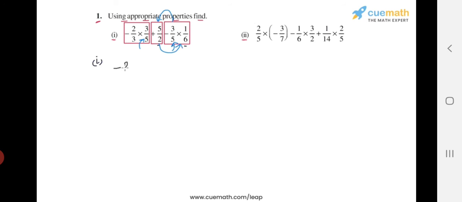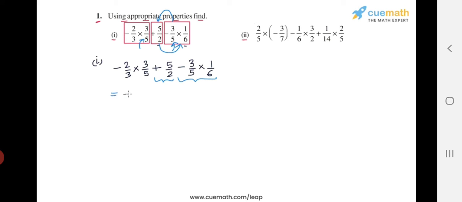Our original expression is minus 2 by 3 into 3 by 5 plus 5 by 2, and then minus 3 by 5 into 1 by 6. So we will take this third part, minus 3 by 5 into 1 by 6, and bring it to the second position, and we will take the second term, plus 5 by 2, and take it to the third position. So we will interchange the order of these two terms.